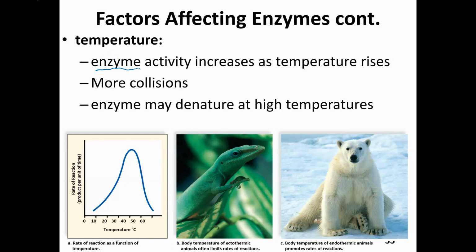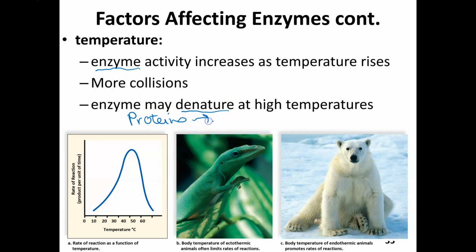And if you heat it up too much, that can actually affect the activity of the enzyme. If they work in a warm temperature and you cool it down, the same thing can happen. So heating something up too high, because enzymes are proteins, will denature at high temperatures.